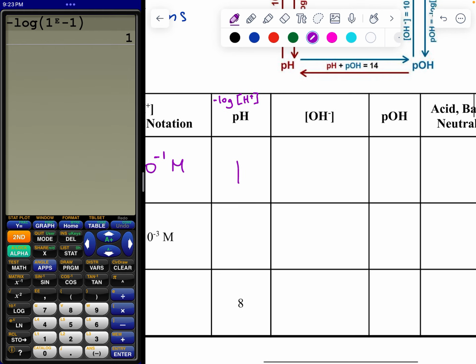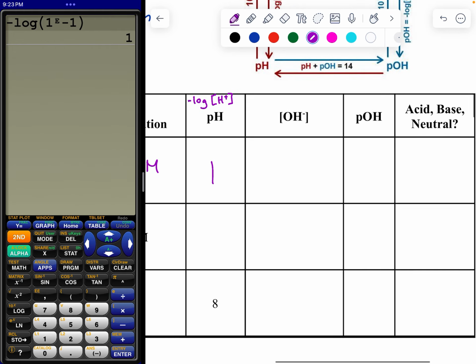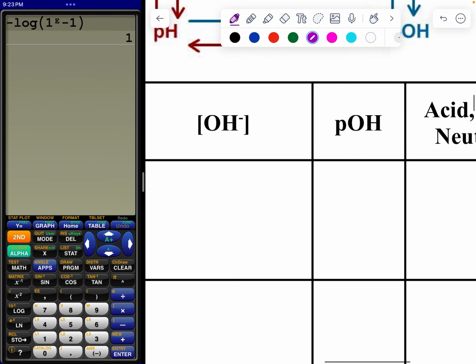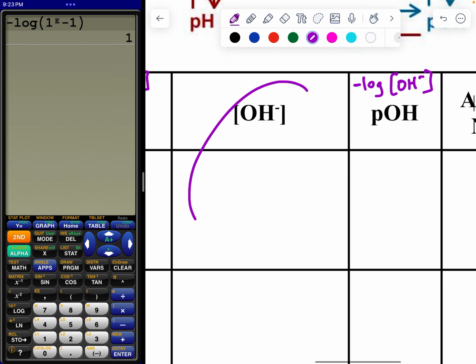All right, and the cool part about this is you do the pOH values the same way, negative log, because that's P, of the OH ions. But now look, we don't have the concentration of the OH here, so we can't just plug a value in like we did before.